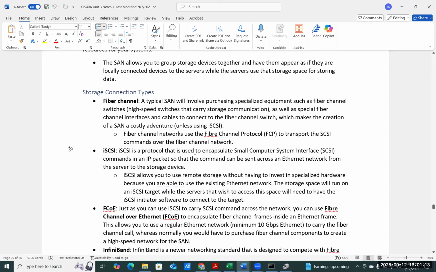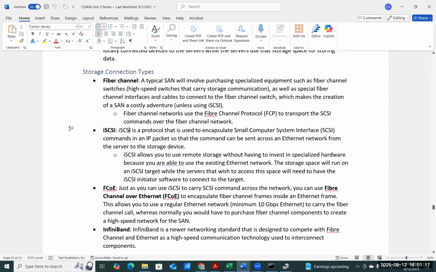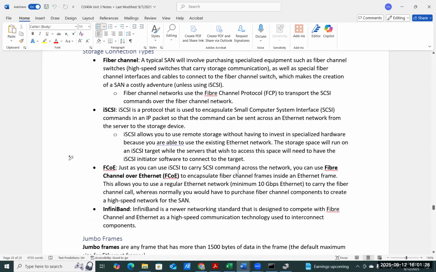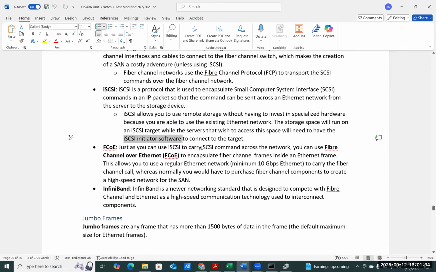And then it talks about iSCSI. That would be for SCSI type of technology, and that's kind of older. But if you do see legacy technology that uses iSCSI, you would have to have appropriate software. And then FCoE, it talks about that for iSCSI and InfiniBand.